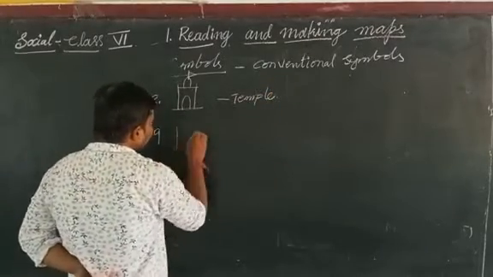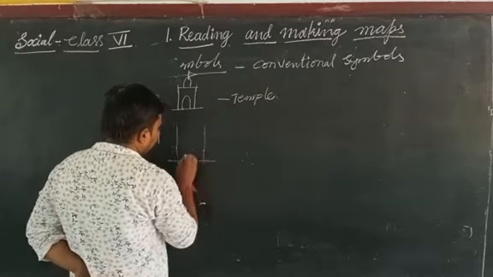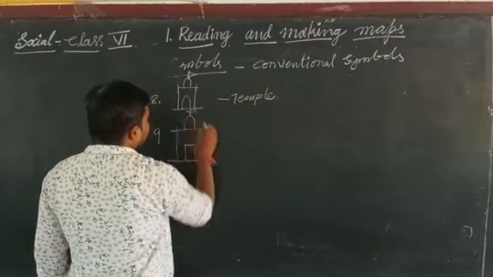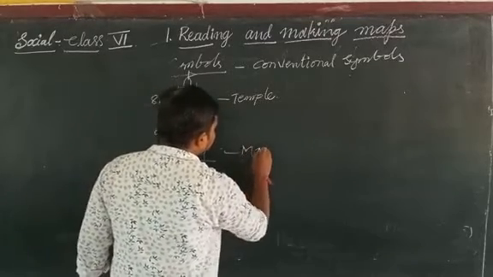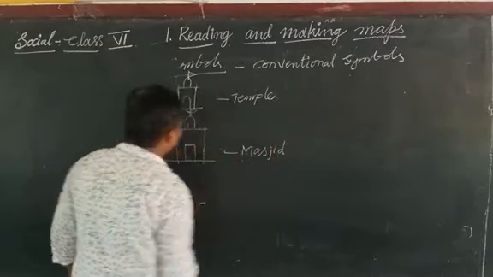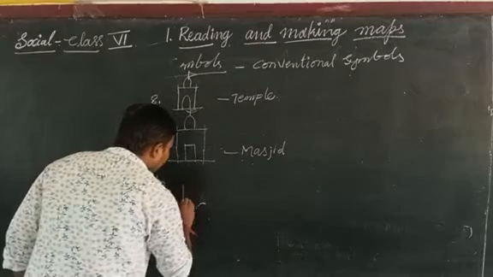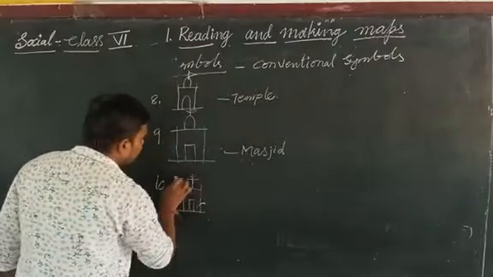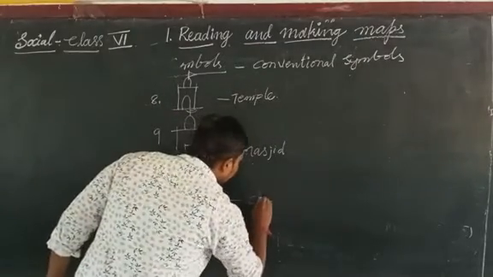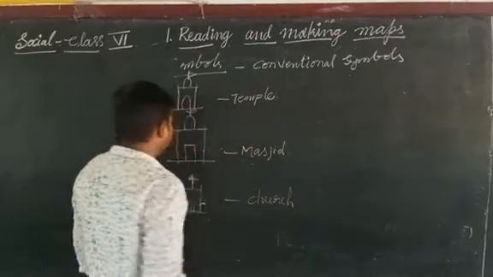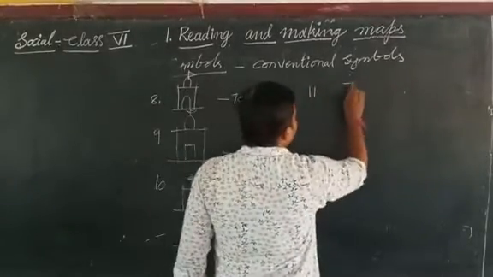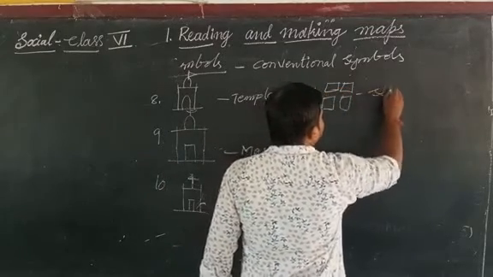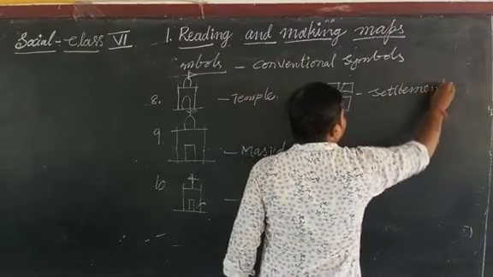Once again, if you see this symbol in the maps, this is the symbol of masjid. If you see a symbol like this in the map, this is church. If you observe symbols like this in the map, these are the settlements. These symbols are called settlements.